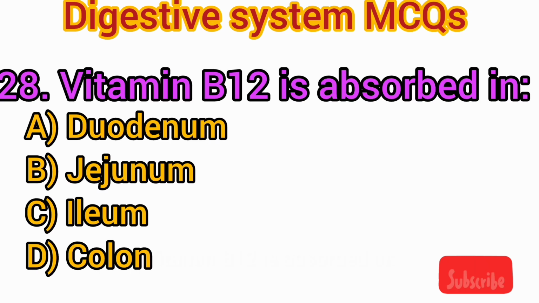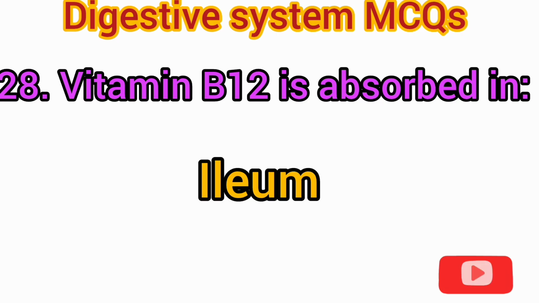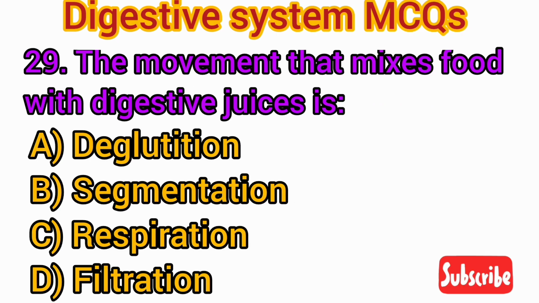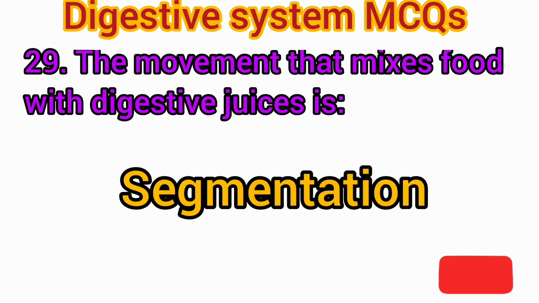Vitamin B12 is absorbed in... ileum. The movement that mixes food with digestive juices is... segmentation.